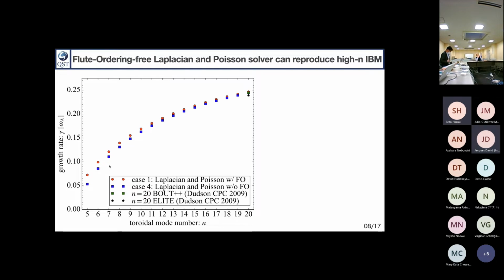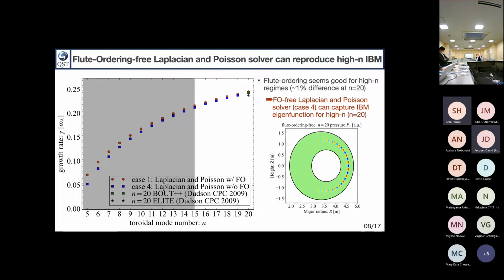The benchmark results of the flux-ordered Laplacian and Poisson solver, colored by red, and the flux-ordering-free Laplacian and Poisson solver, colored by blue, from n equal 5 to n equal 20 are summarized in this figure. Here, the published benchmark results calculated by BALT++ and ELITE at n equal 20 are also plotted, with the green circle for BALT++ and black for ELITE.